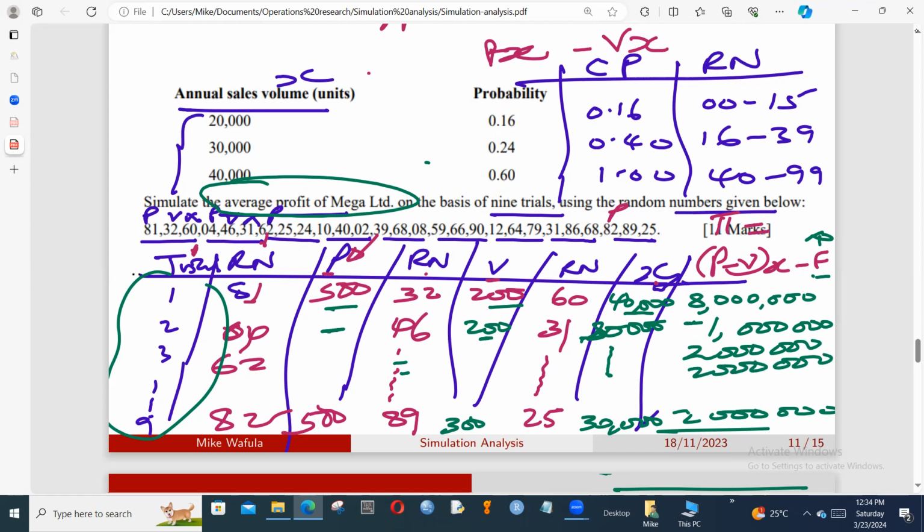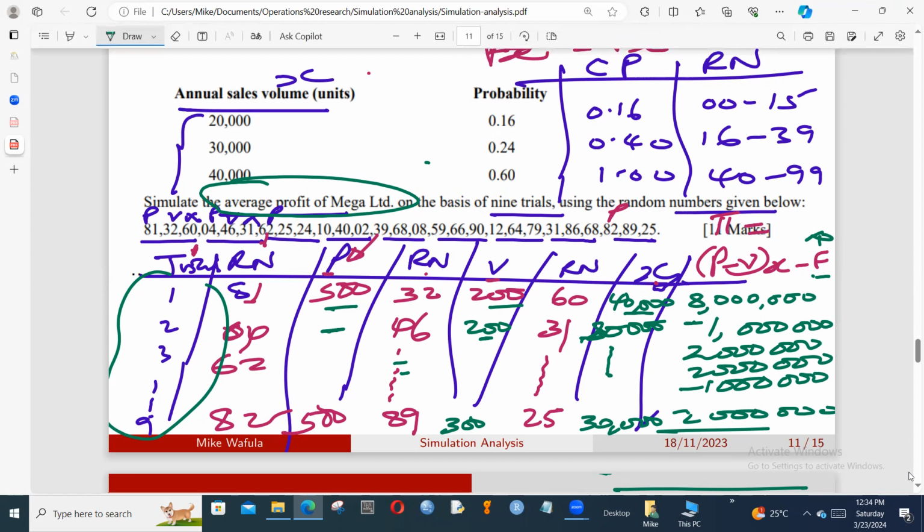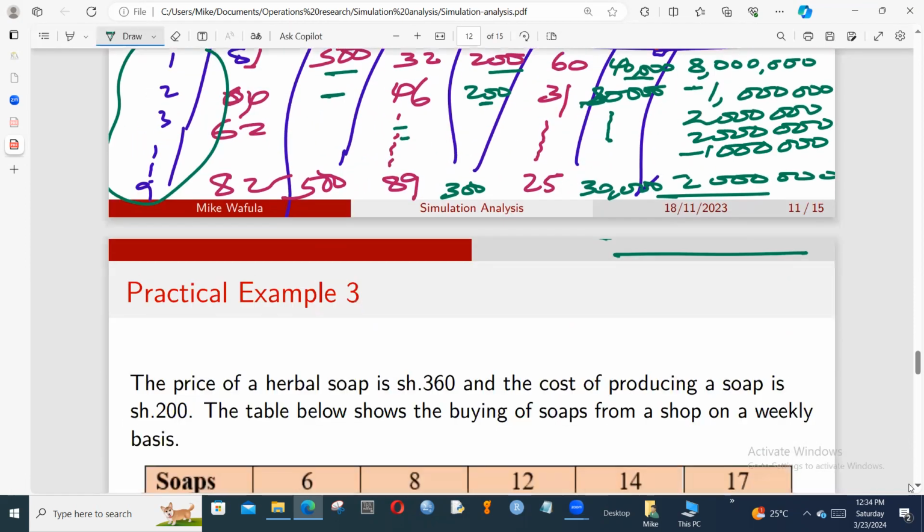The fifth, negative 1 million, that's a loss of 1 million. The sixth is 4 million.